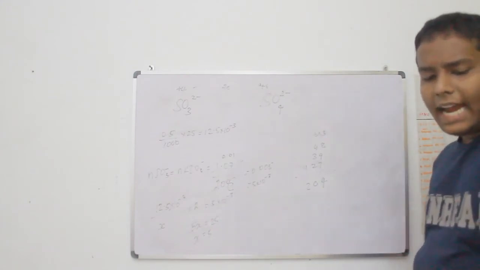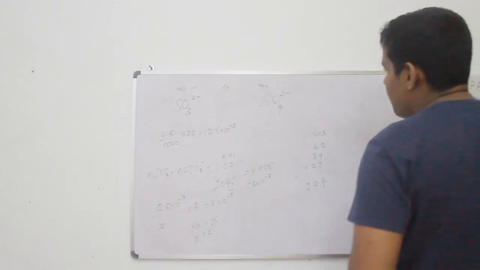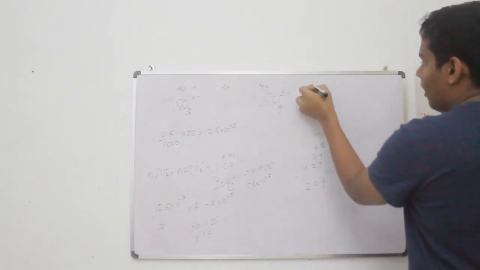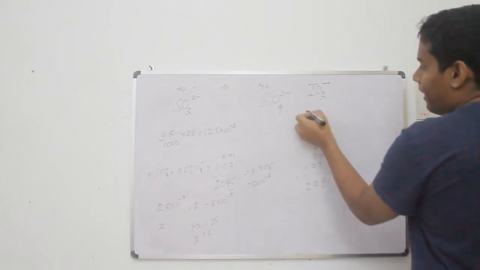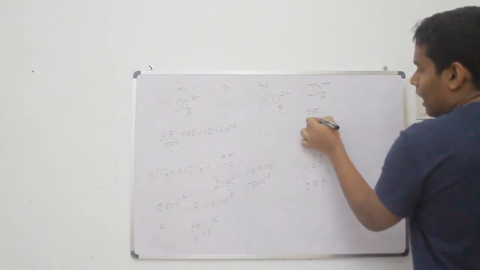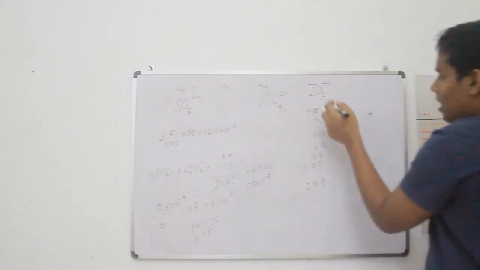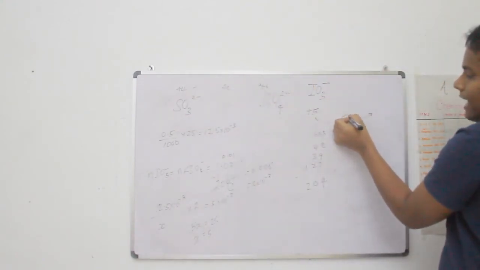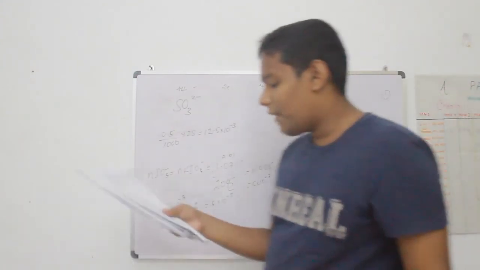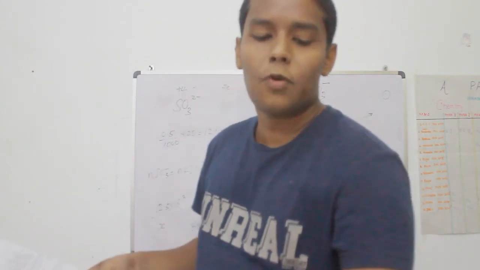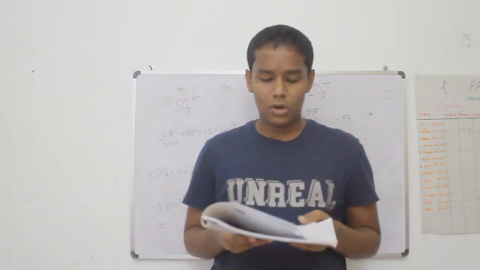So from iodate, IO3 minus that has plus 5, it is gaining electrons now. Here you have to release 5 electrons, giving the final oxidation state of 0. So for question number 19, your answer will be answer number 2.